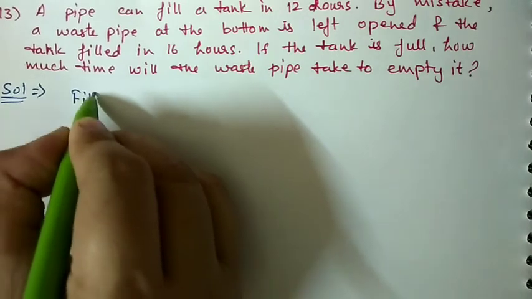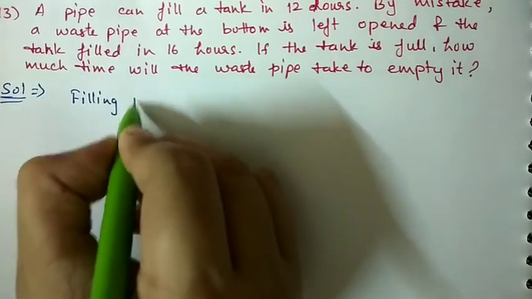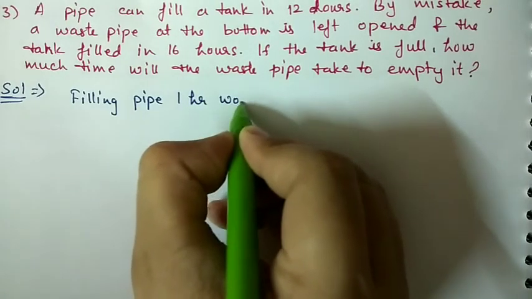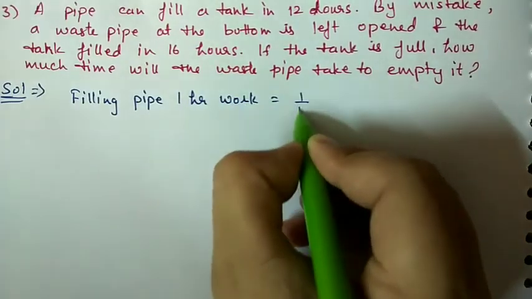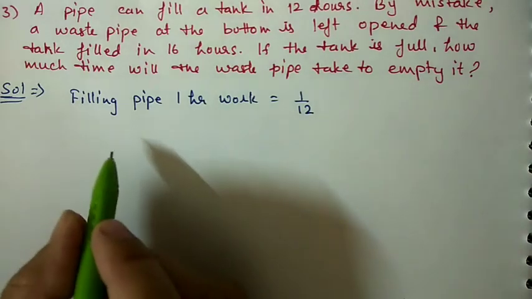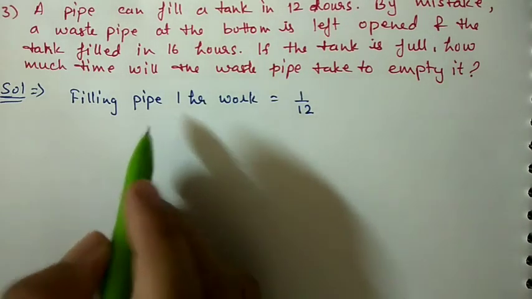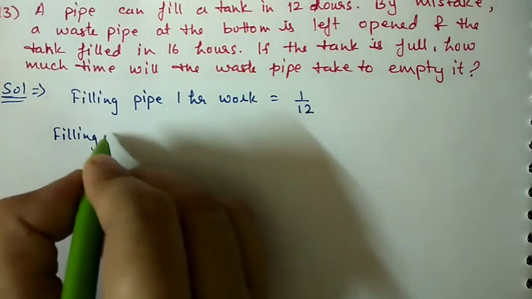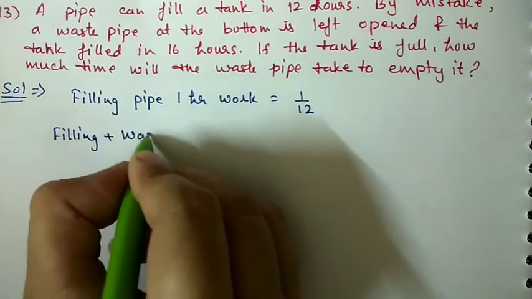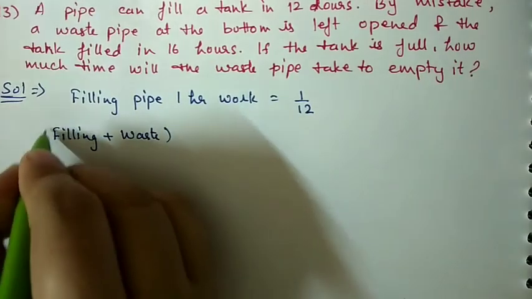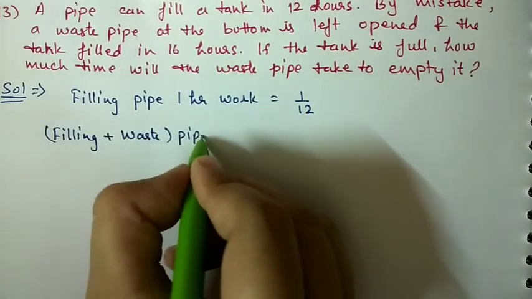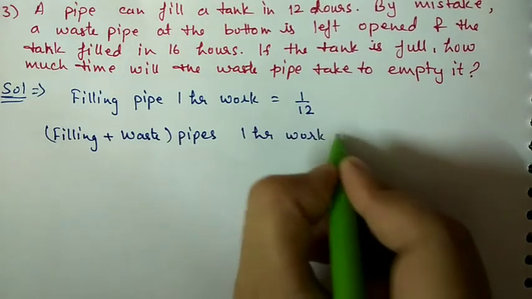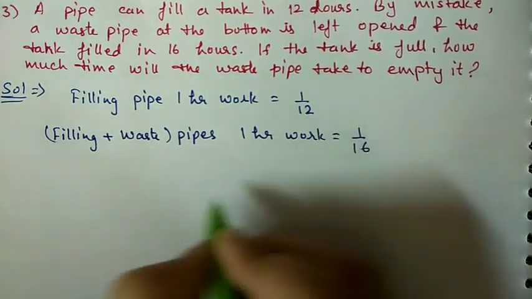So filling pipe's 1 hour work will be 1 by 12. And when both pipes are open, filling pipe and waste pipe also, filling plus waste pipe's 1 hour work is 1 by 16.